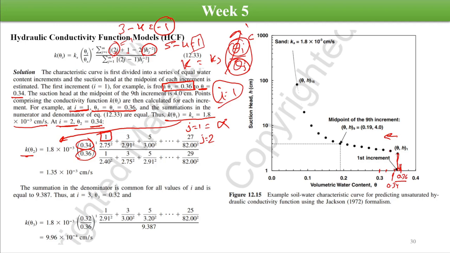In the increment from 0.34 to 0.32, this is the mean value, and if you observe this value, it's going to be somewhere around 2.7 or 2.6. So we'll write 2.75 to the power minus 2, for h square, right?